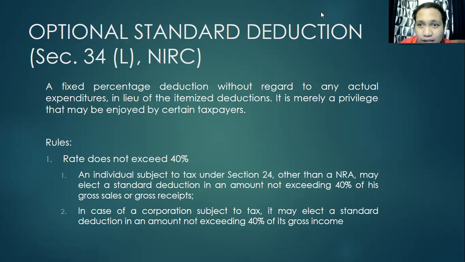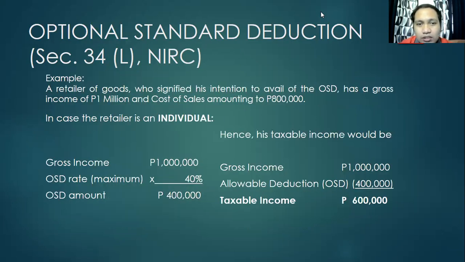So, an individual subject to tax under Section 24 other than a non-resident alien may elect a standard deduction in an amount not exceeding 40% of his gross sales or gross receipts, if you are an individual taxpayer. Whereas in case of a corporation subject to tax, it may elect a standard deduction in an amount not exceeding 40% of its gross income.